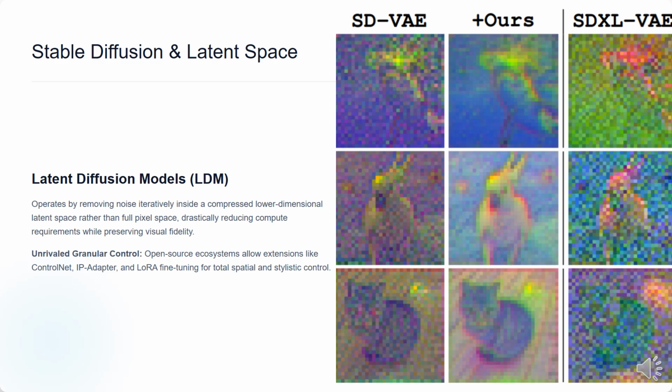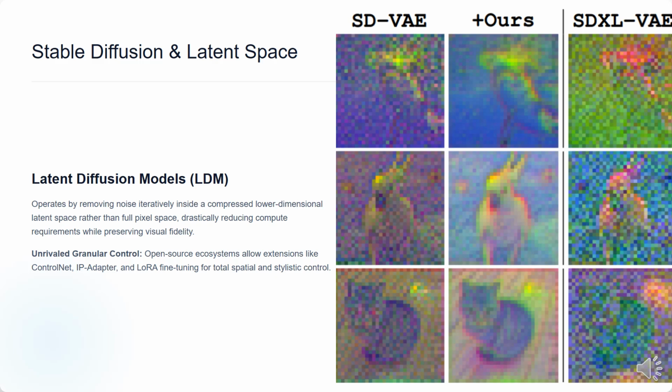The model starts with noise and gradually removes that noise through multiple steps until it produces an image that matches the given prompt. Working in this compressed latent representation can reduce the computational requirements compared with operating directly on the complete pixel space.